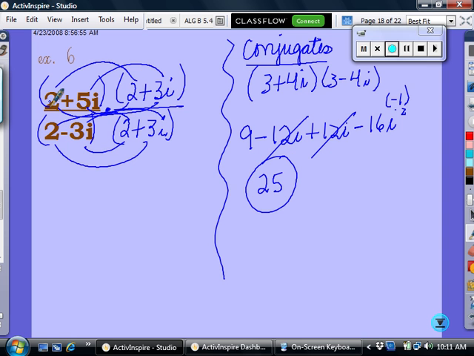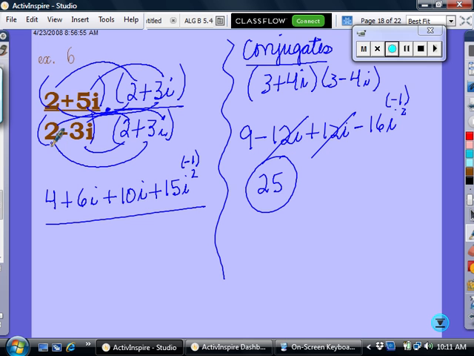All right, so on the top, 2 times 2, 2 times 3i, 5i times 2, 5i times 3i. What's i times i? Yes. So I'm seeing a -1 when I look at that. All right, now in the denominator.